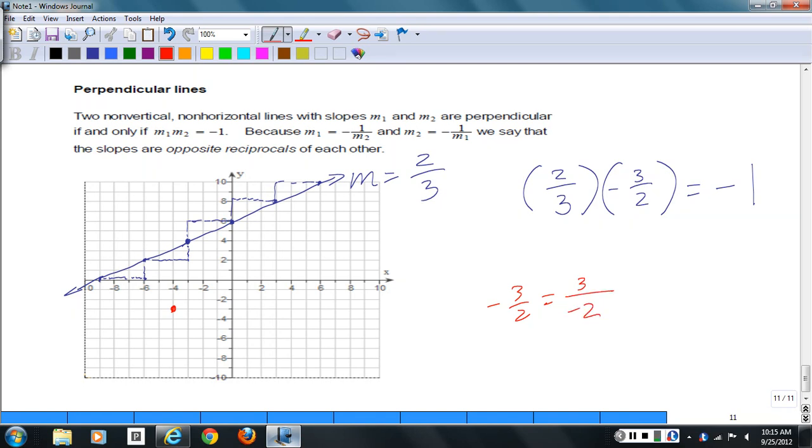So if the 3 means go 3 up, what does the -2 mean? To the left. So 3 up and 2 to the left, 3 up and 2 to the left, 3 up and 2 to the left.